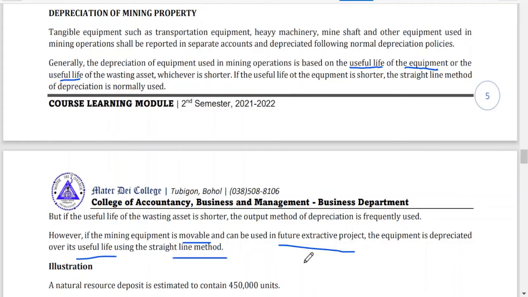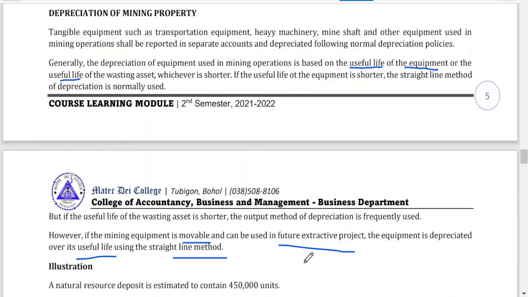So again, we have to determine first the useful lives of the tangible equipment and the useful life of the wasting asset, whichever is shorter. Why is it that we're going to determine whichever is shorter? For example, the equipment is good only for 3 years, but the wasting asset is good for 5 years.